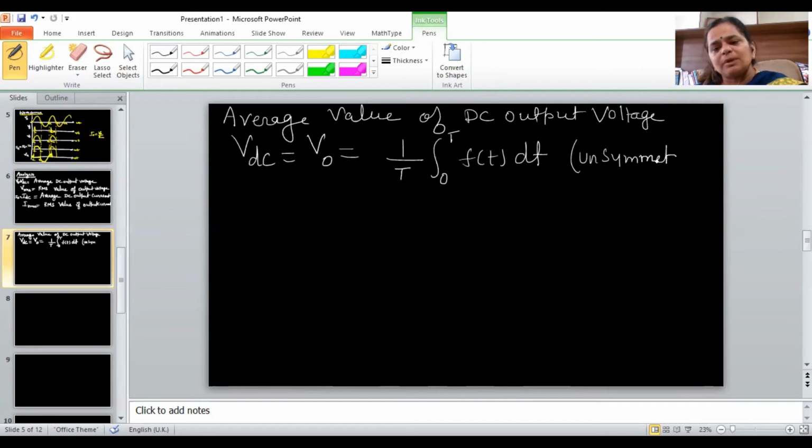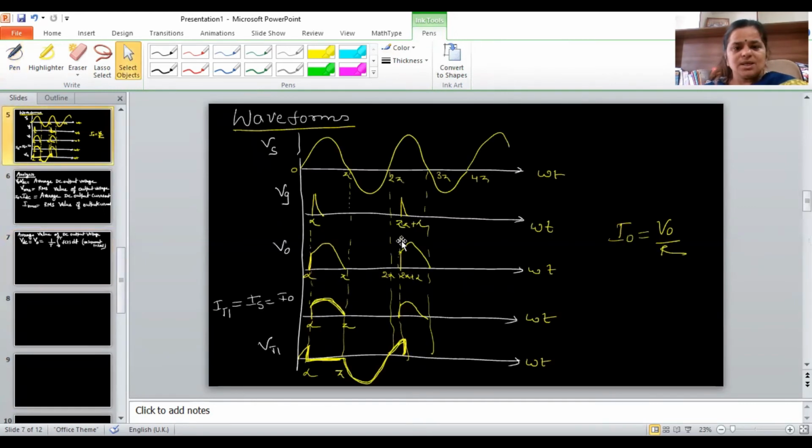Unsymmetrical function means a function which is not symmetrical to the x-axis. Like the sinusoidal function is a symmetrical function, because whatever the positive cycle is, a similar negative cycle is there.